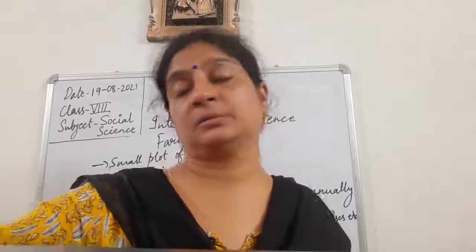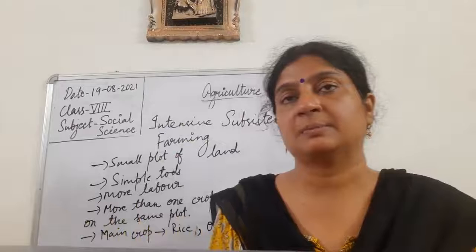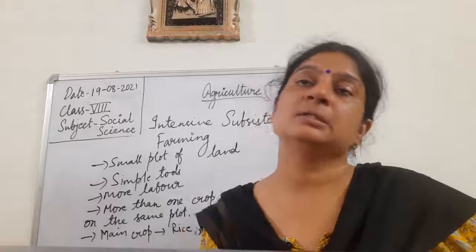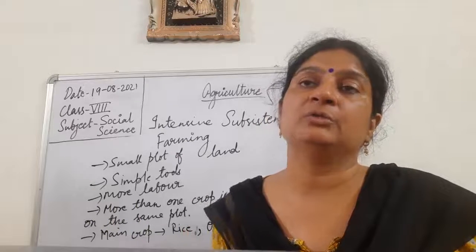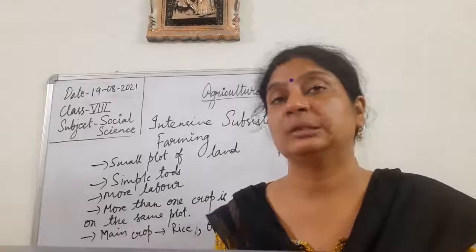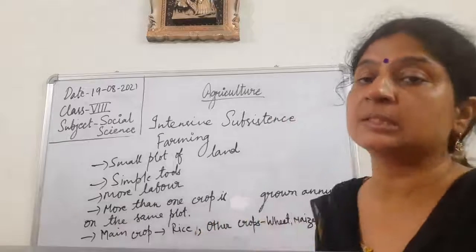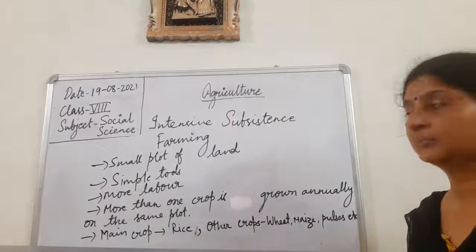And now we shift our focus to primitive subsistence agriculture. In this type of agriculture, we include shifting cultivation and nomadic herding. These two are included in primitive subsistence agriculture.